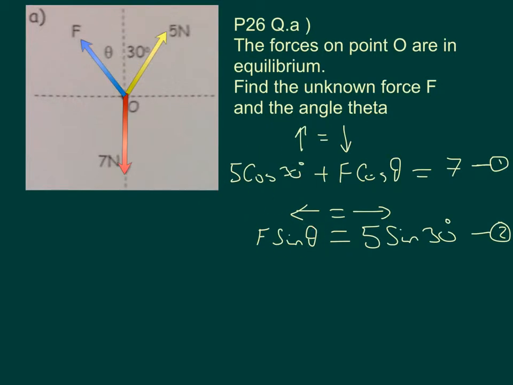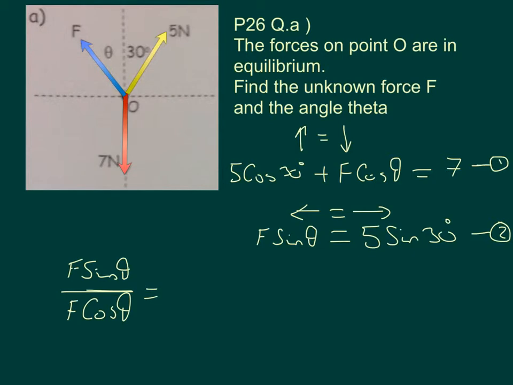I'm going to take this equation and divide by F cos theta, so I get F sine theta over F cos theta, and I need to remember what F cos theta will equal from equation 1. So I'm dividing equation 2 by equation 1, so my left hand sides are going to be F sine theta over F cos theta, and I need to just find out what the right hand sides are going to be.